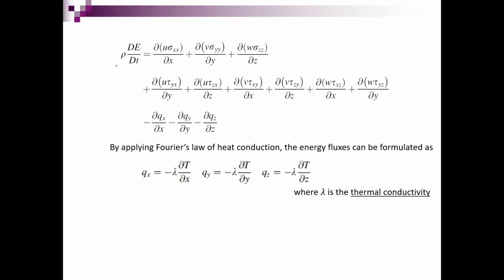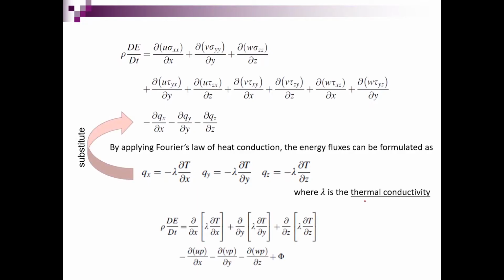The equation comes from the slide before. Then by applying Fourier's law of heat conduction, the energy fluxes, Q, are represented by Qx, Qy and Qz. They are defined as this, where lambda represents the thermal conductivity.